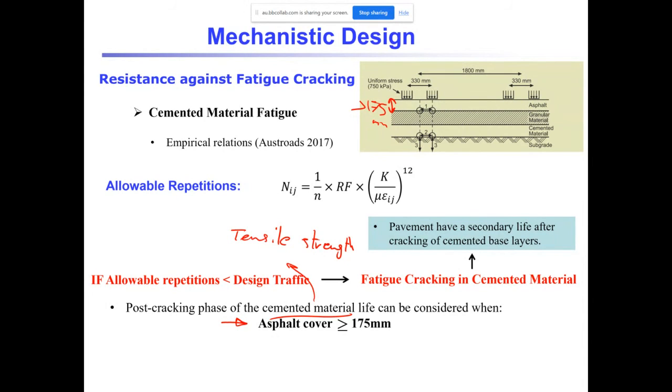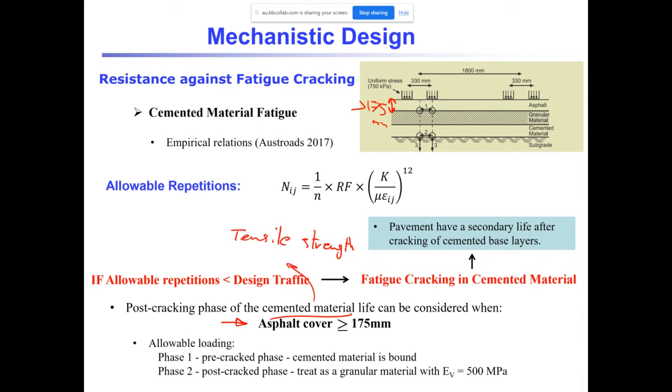And in that case, during the secondary life, the material behaves like a granular material, right? So you need to determine the allowable repetition for two cases. One, the pre-cracked phase, when we have a cemented material in the structure, and the other one is the post-crack phase.